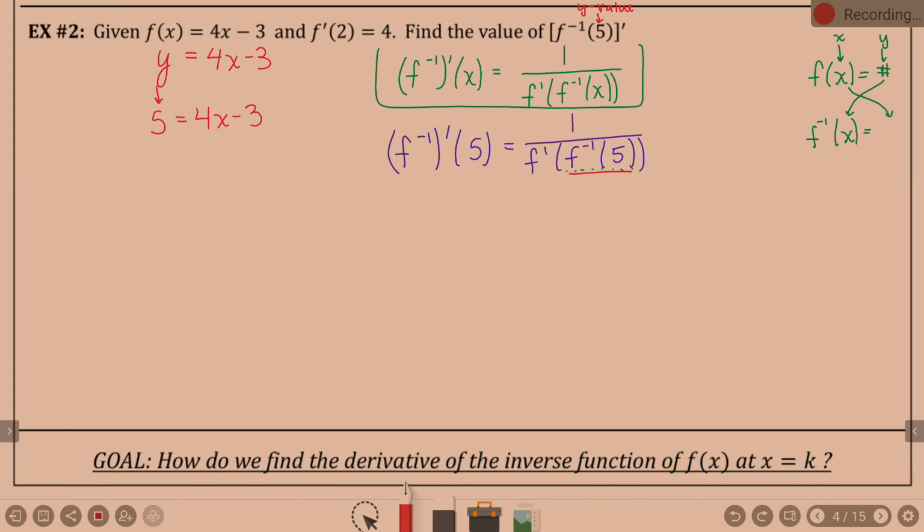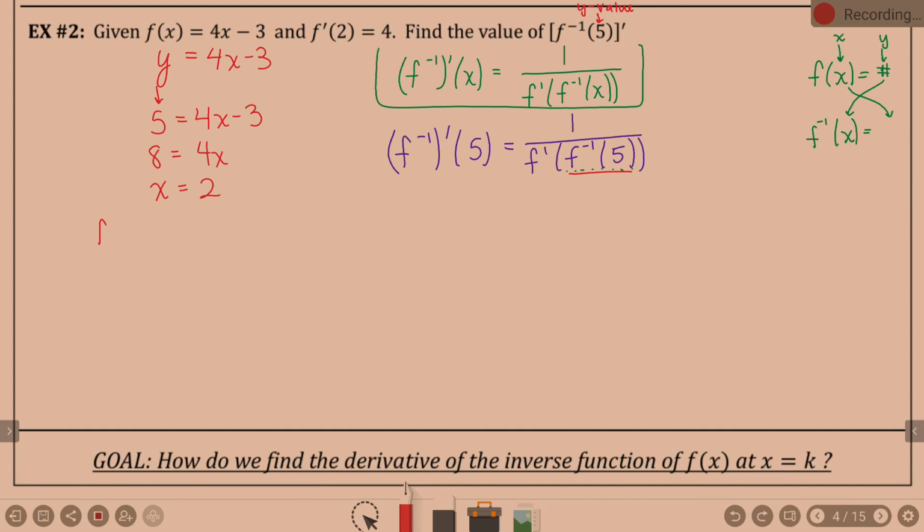Basic algebra. We did the crazy algebra earlier; this is the easy algebra. 4x minus 3 equals 5, so what do we know? 4x equals 8, x equals 2. So what is that 2?